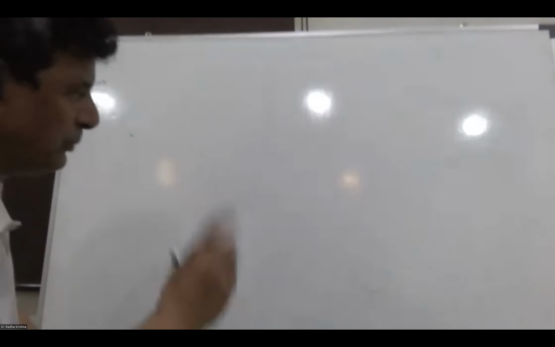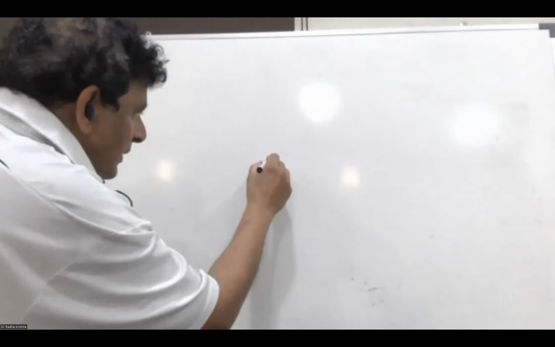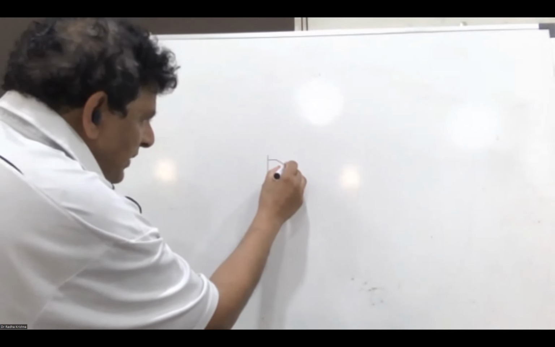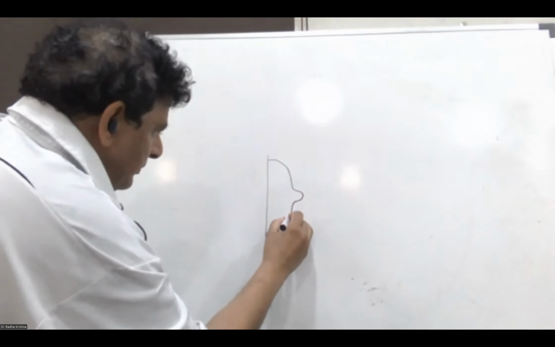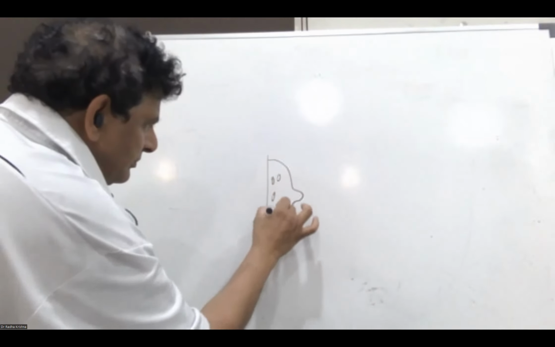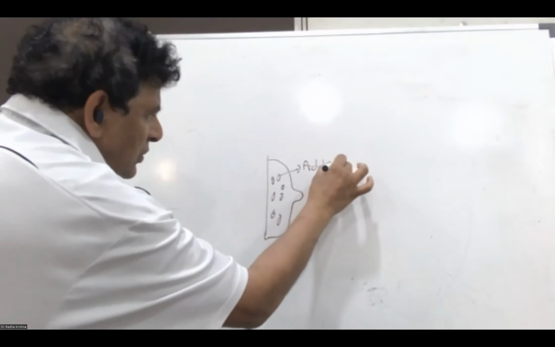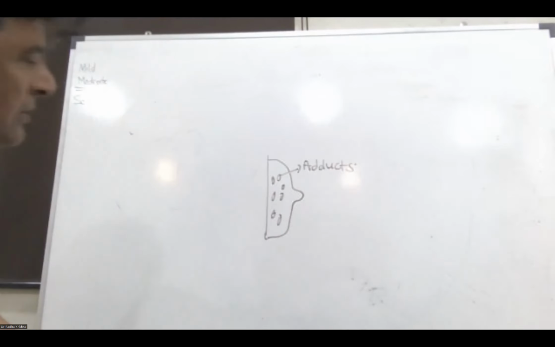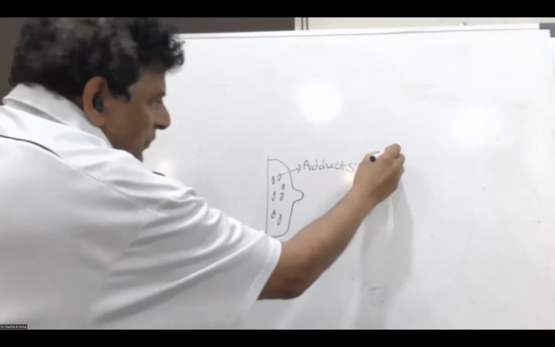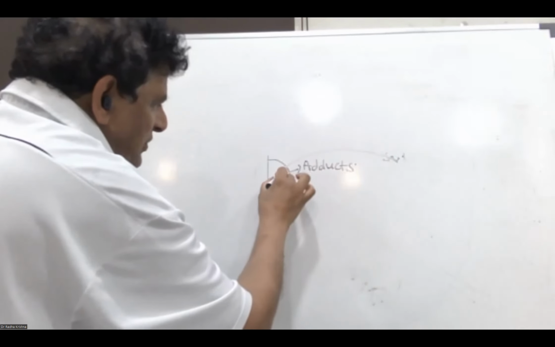What is important is this. This is the breast. So you have something called adducts. If you have sulforaphane and you are using radioactive, you can see it deposited here.